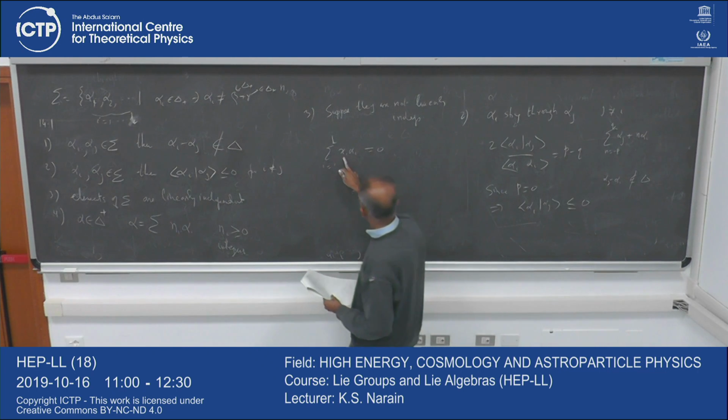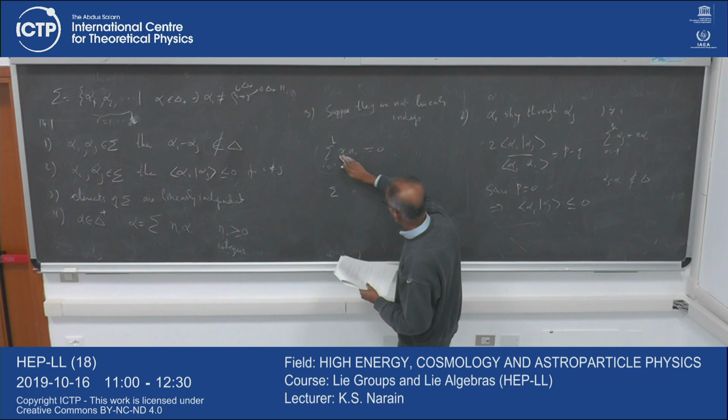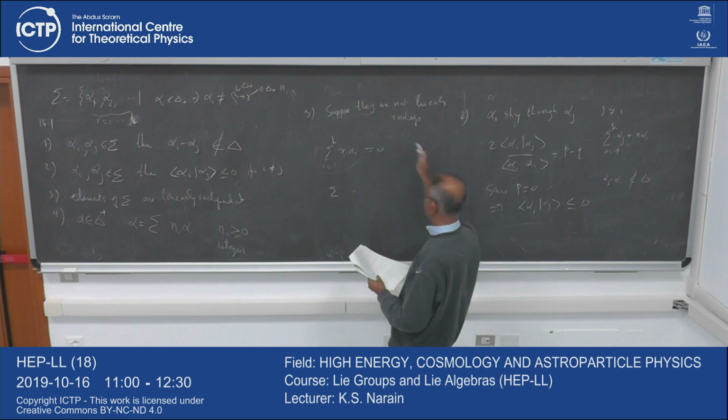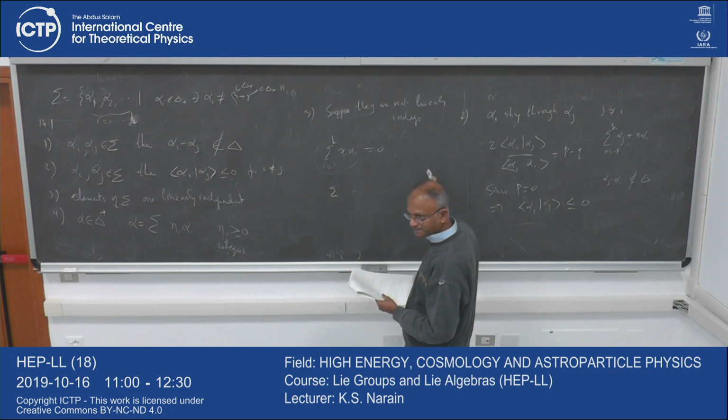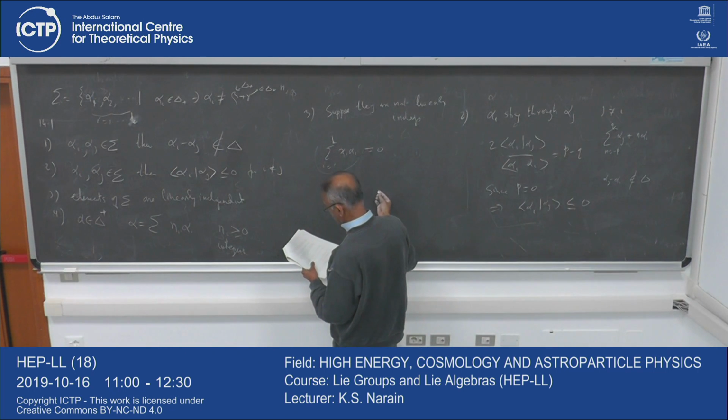So what I do is I rewrite this equation in parts. The positive coefficients I keep here, and the negative coefficients I take to the other side. Let's write it as sum of pi alpha i. These are all positive.